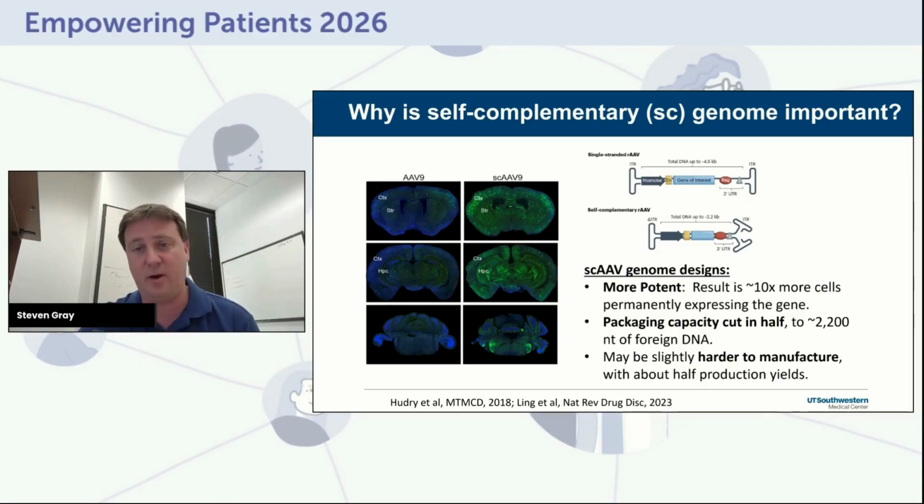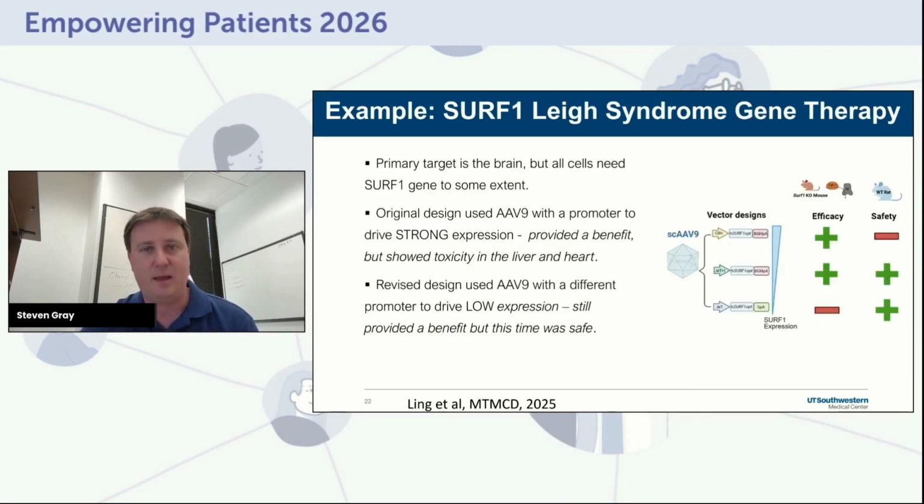And so there are a number of treatment approaches, particularly against the nervous system, where they work if you can use self-complementary AAV, but if you move to a traditional single-stranded AAV, it's just not efficient enough. An illustration of this is work that my lab had done, led by Qinglan Ling, for SIRF1 related Leigh syndrome.